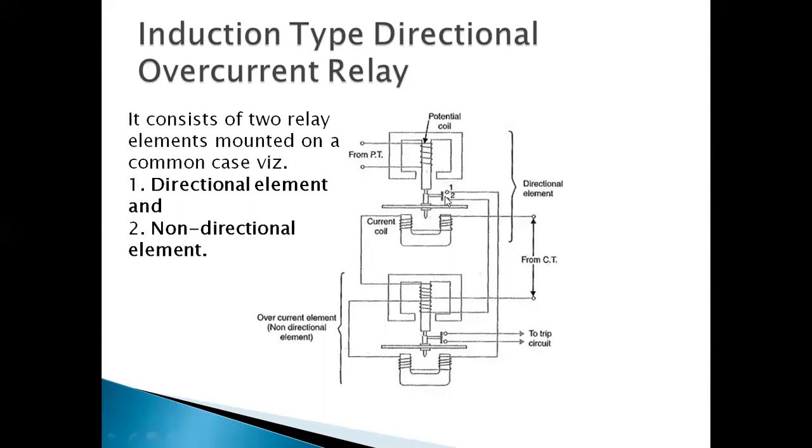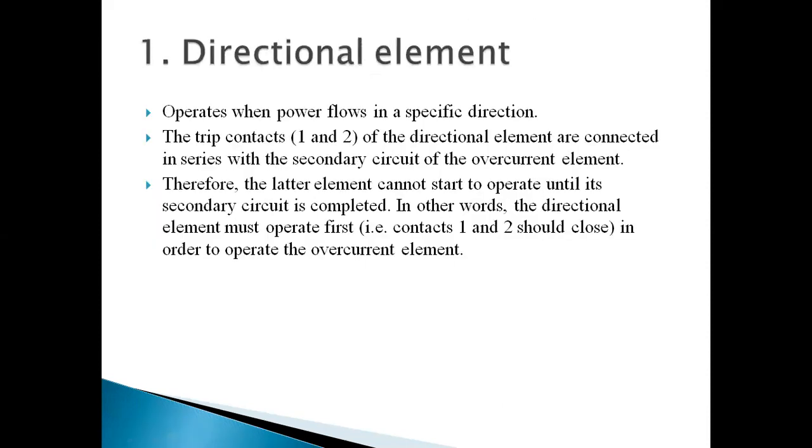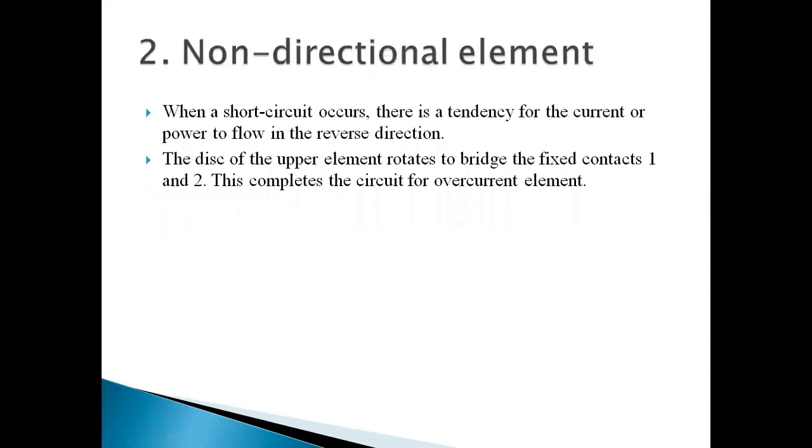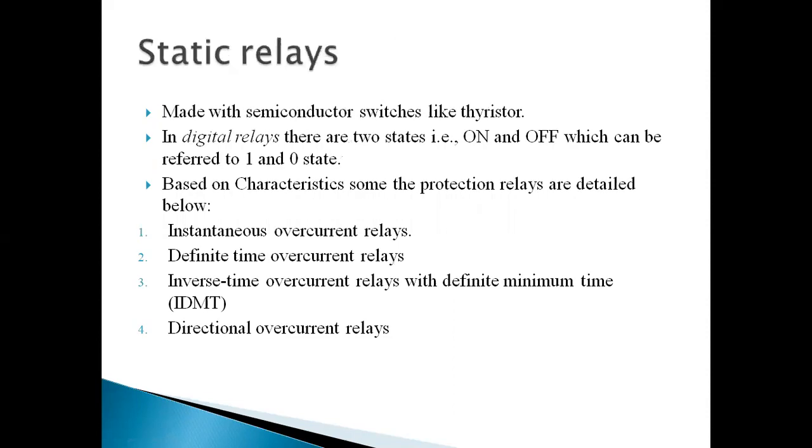When these two contacts get closed, only then is the supply given to the secondary of the overcurrent element, and only then will your overcurrent element operate. These are the directional and non-directional elements.